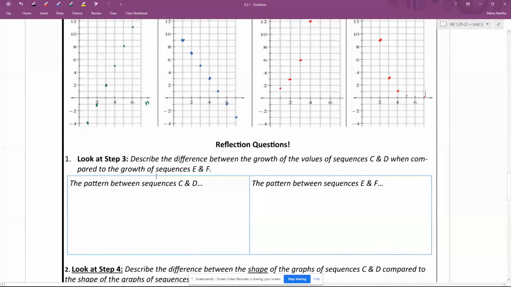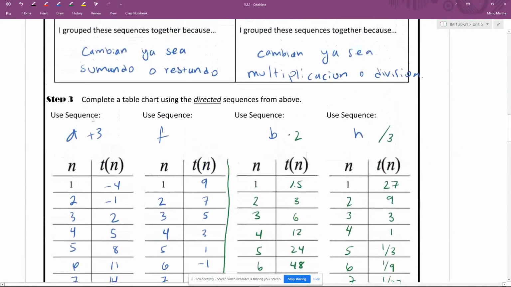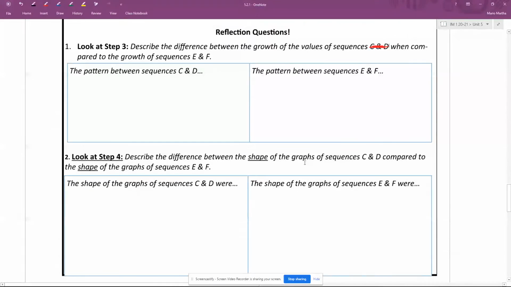All right, so let's look at the next question. It says, describe the differences between the growth of the values of the sequences. Actually, we're not talking about C and D here, but the two sequences we're talking about are A and F, and the other two, B and H. For A and F, the pattern grows by addition or subtraction.